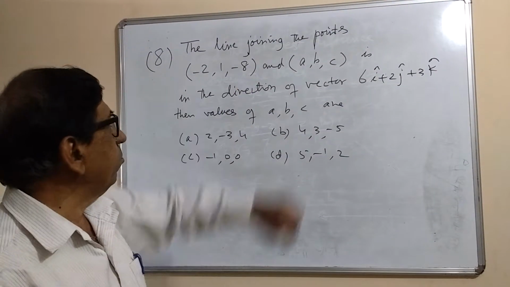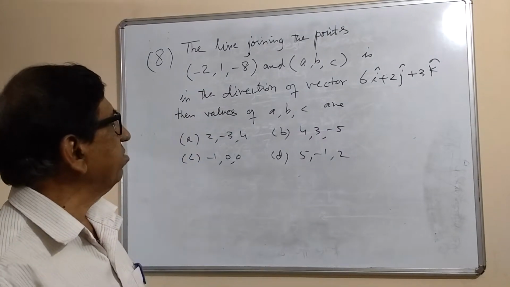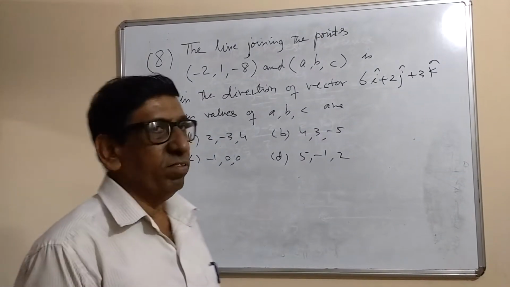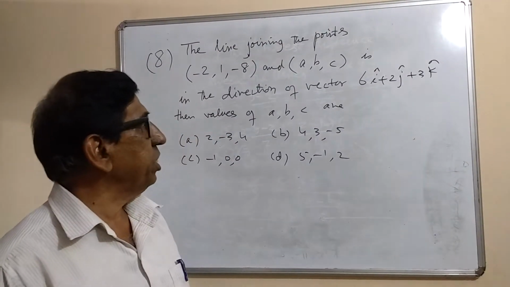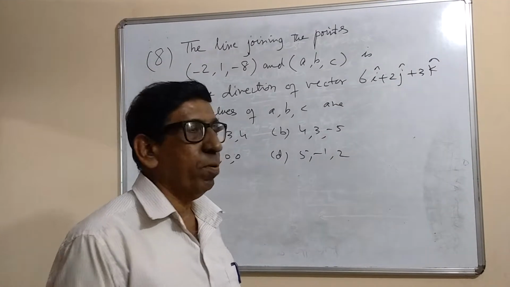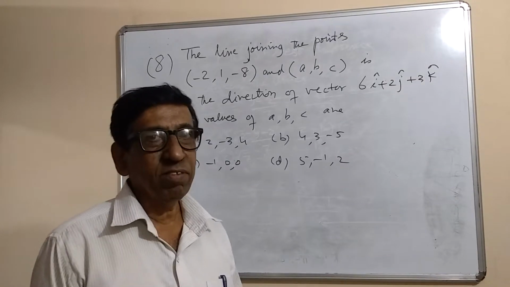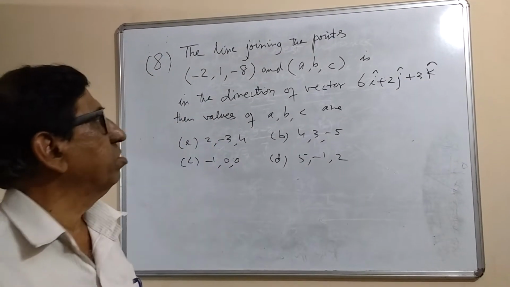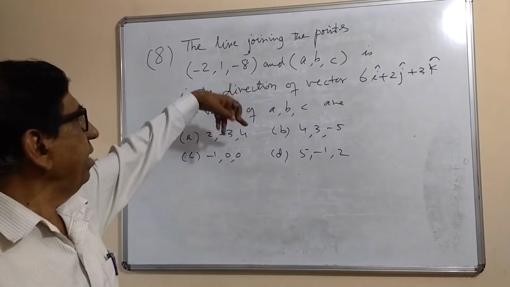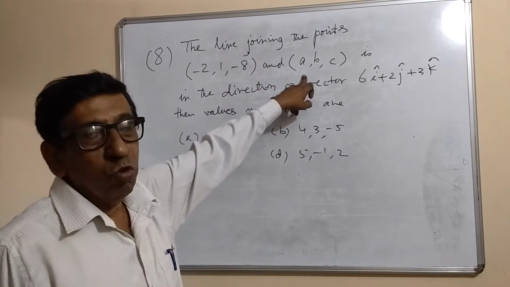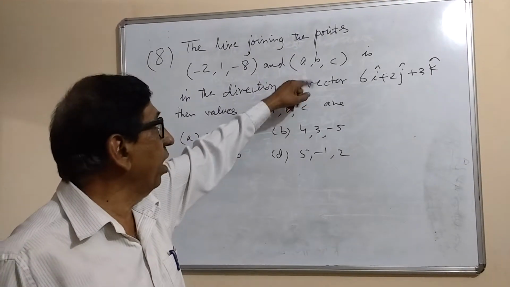The line joining the points (minus 2, 1, minus 8) and (A, B, C) is in the direction of the vector 6i plus 2j plus 3k. Then what are the values of A, B, C? So these are the 4 options. Now the line joins this point and this point. So what are the direction ratios of the line?